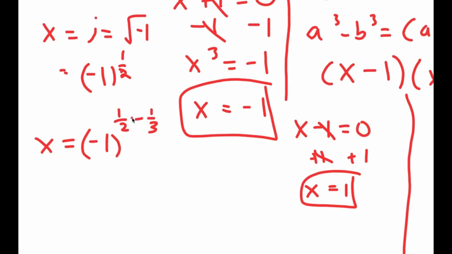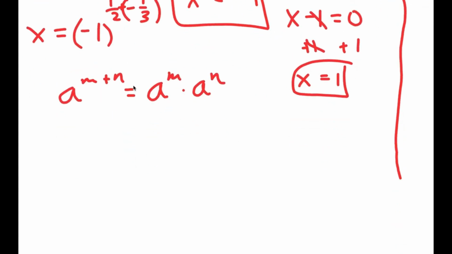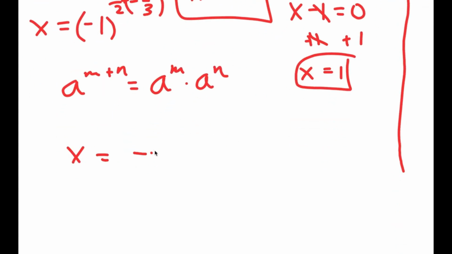Now, this is the same thing as 1/2 plus negative 1 over 3. And if I have something in the form a to the power of m plus n, this is equal to a to the power of m times a to the power of n. So this is going to equal negative 1 to the power of 1/2 times negative 1 to the power of negative 1 over 3.